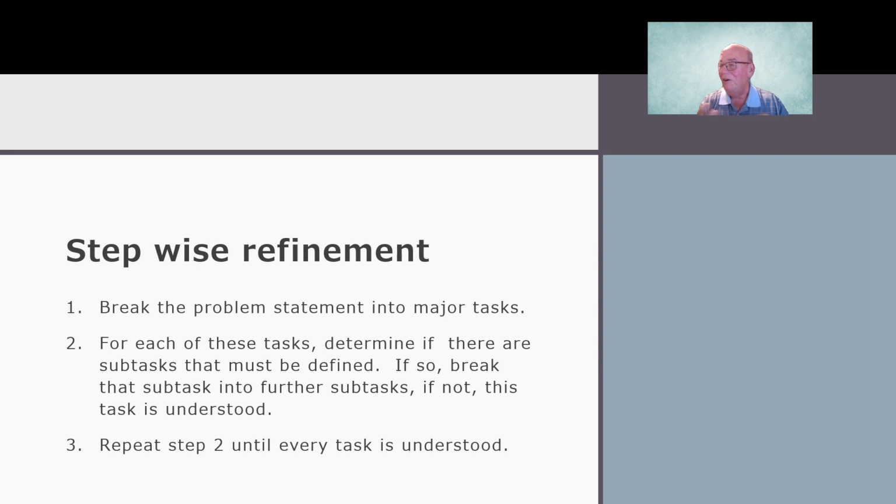I think you kind of all got that. We saw that in the immigration one, right? 12 major steps. And then for each of those steps or tasks, determine if there are subtasks that must be defined. So again, going back to the example of the immigration thing, okay, what are the civil documents? Where do I get them?